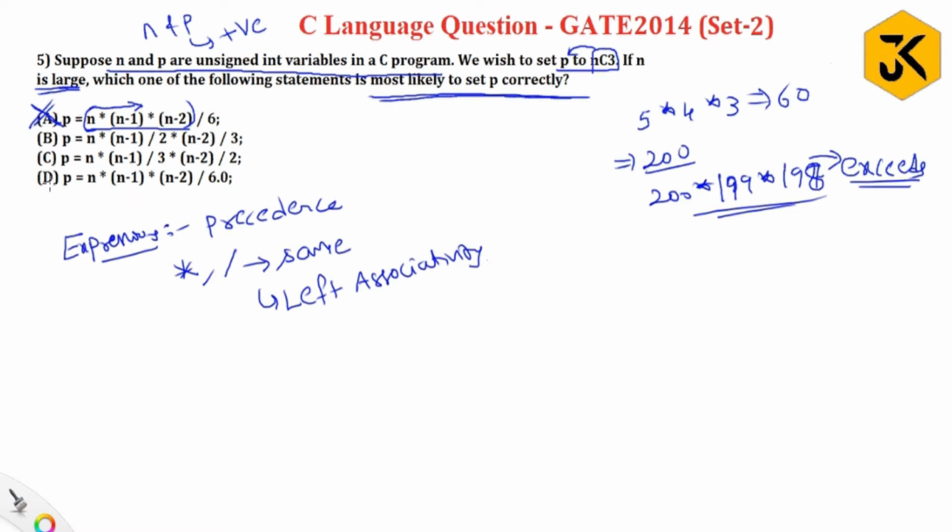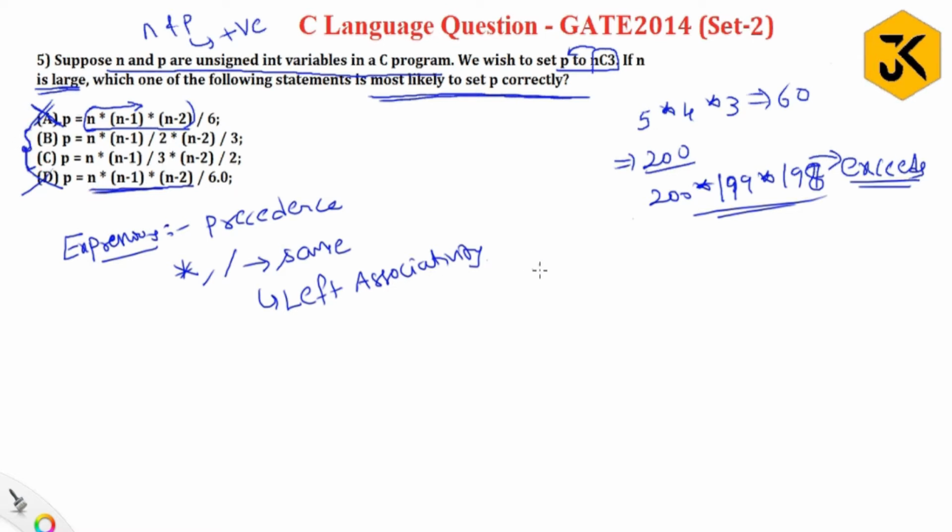Similarly, take out option D. In option D also they are consecutively multiplying. So 200 into 199 into 198, obviously it will exceed the integer range. So instead of this, these two are better. Why are these two better?